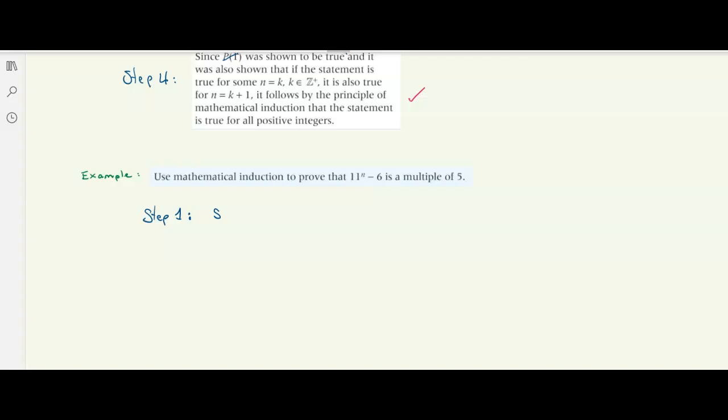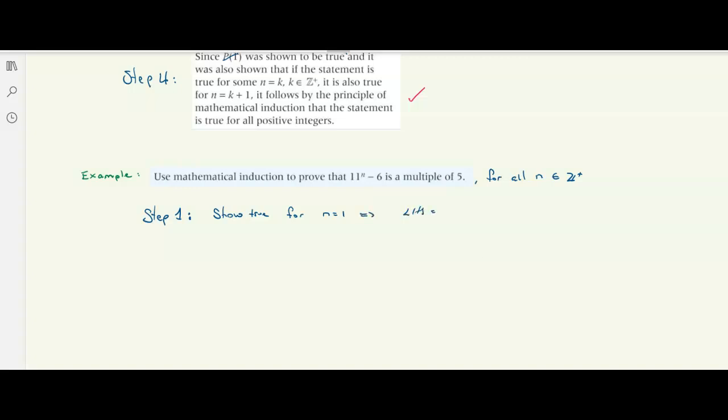So we're going to show true, right, to prove that, we're going to show true for n equals 1. Now it doesn't say what n is here, but we should say for all n in the positive integer set. Show true for n equals 1. So, okay, that's all fine.